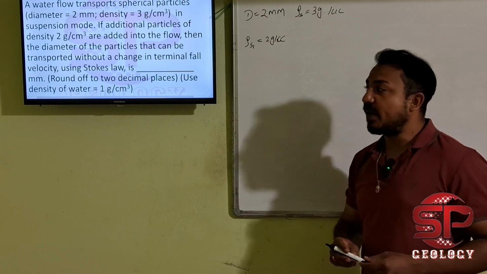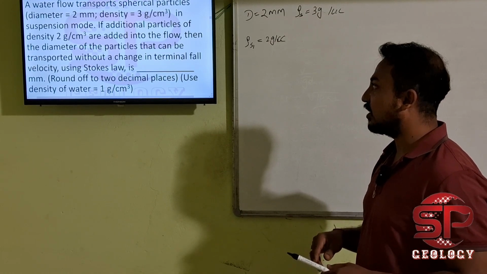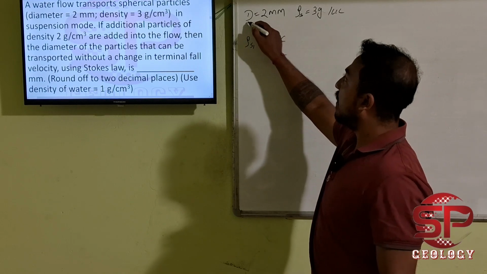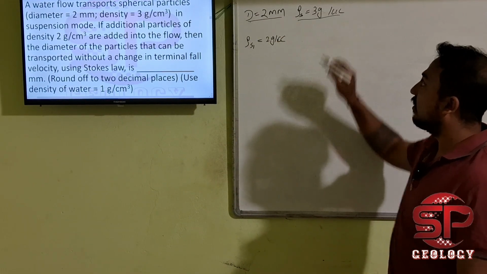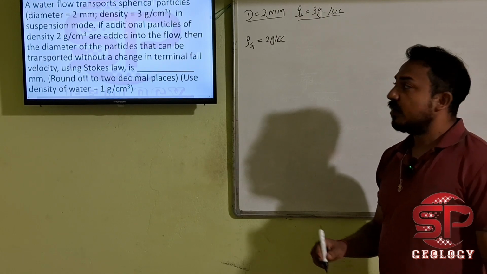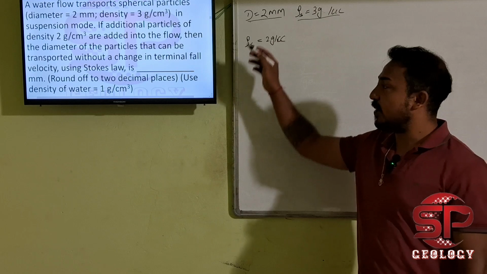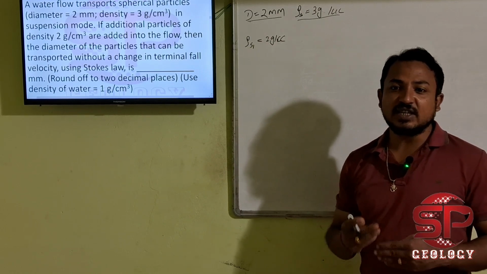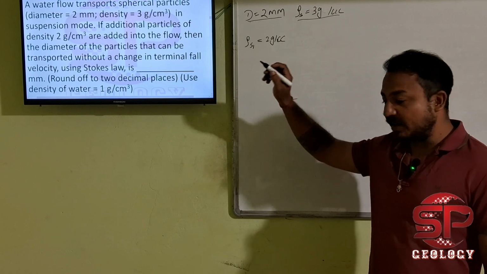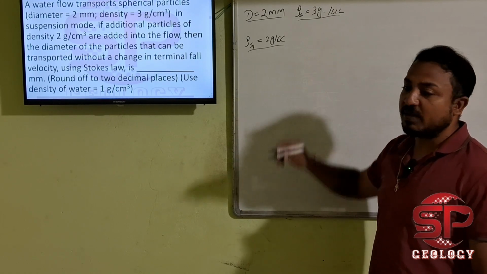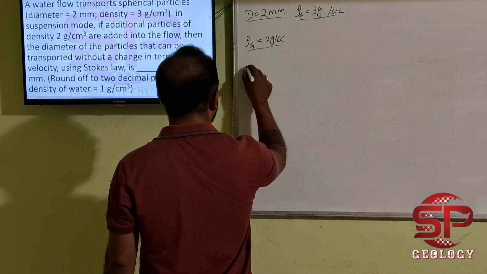Then find the diameter of the particle that can be transported without a change in terminal velocity using Stokes law. So first we have a particle with diameter 2 mm and density 3 gram per centimeter cube. First we have to calculate the fall velocity for this particle. Then without changing the fall velocity, we have to calculate the diameter of another particle that has density 2 gram per centimeter cube.